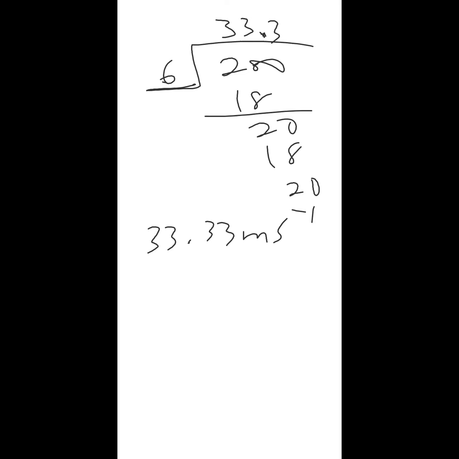V is equal to S over T, that is distance over time. The distance is 3,000 meters, so you can use that to find the time it takes in seconds.